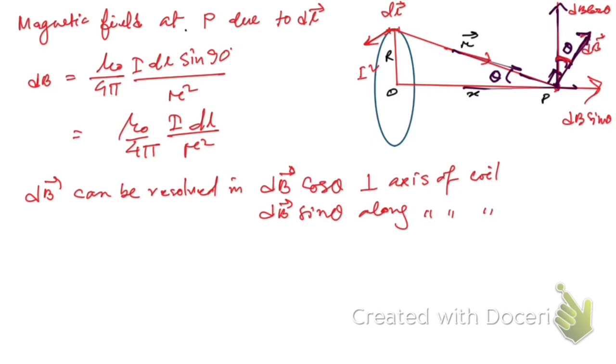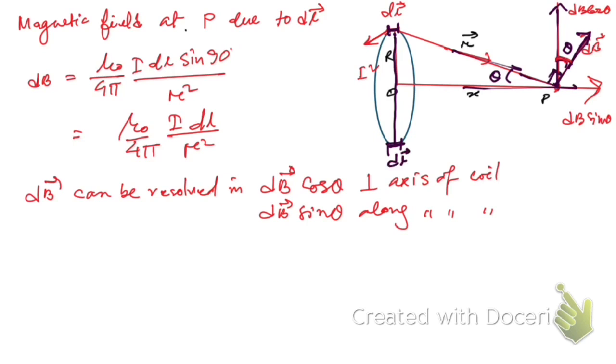Now you see, as this coil is symmetric about the axis, if this element dl is here, then if you draw a diameter here, on the other end of the diameter you will get another dl component.